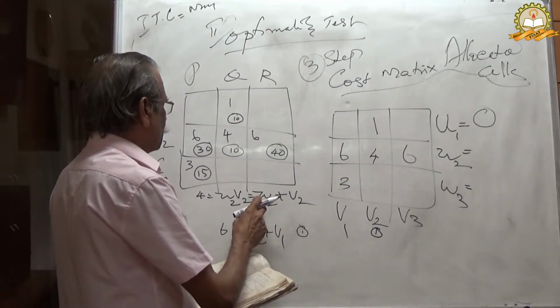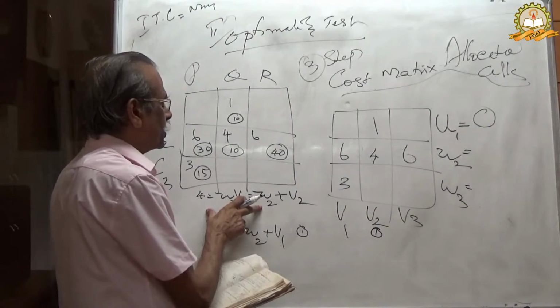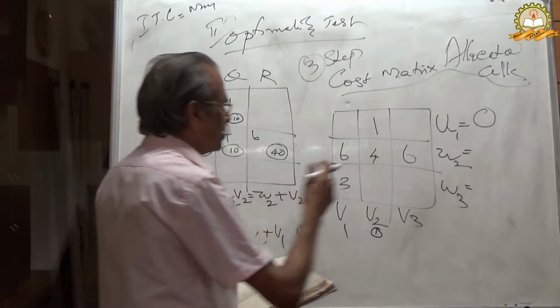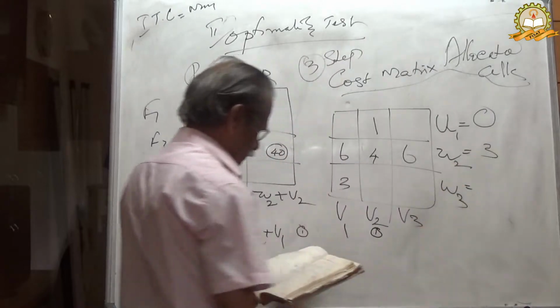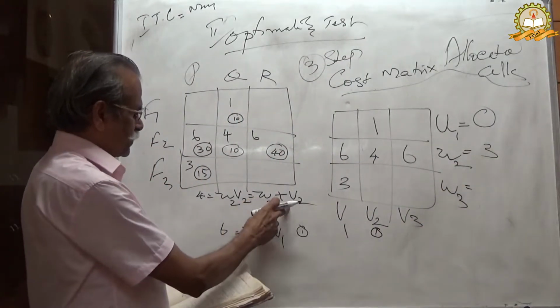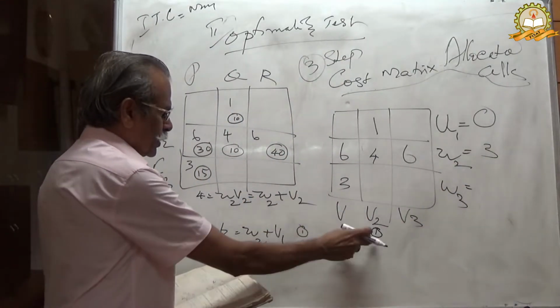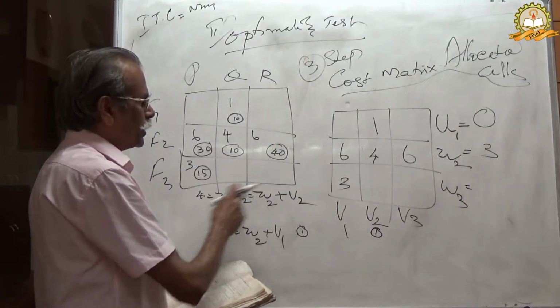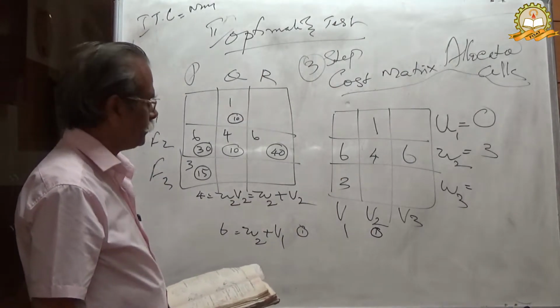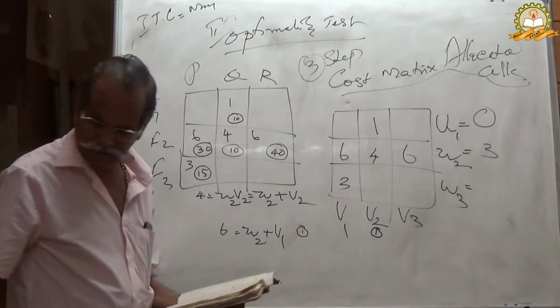Therefore u2 will be equal to 3. u2 equal to 3. Therefore that is considered.